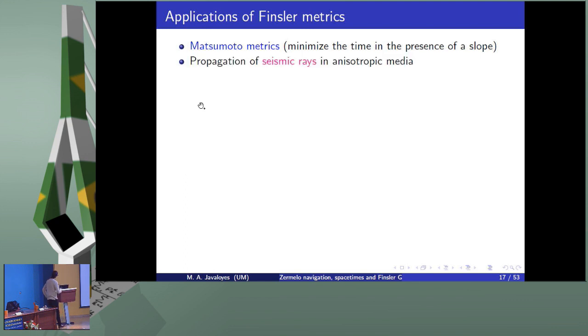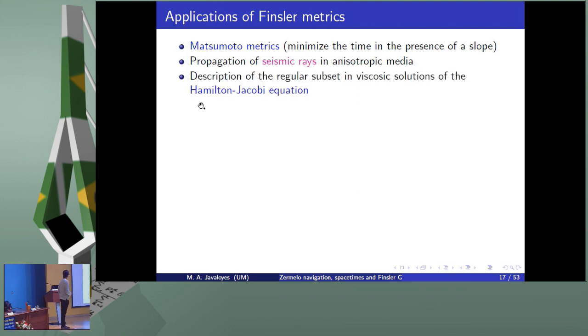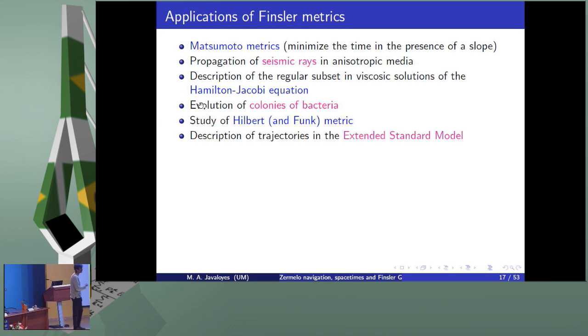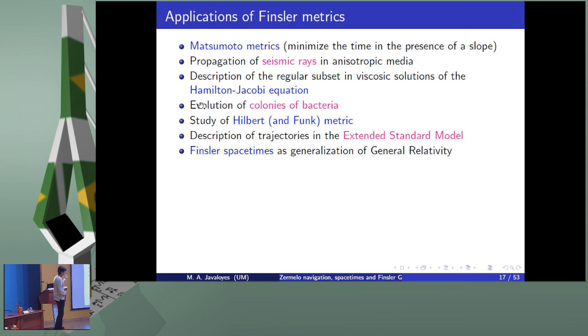You can also study the trajectories of seismic rays when the medium is anisotropic. You can study the Hamilton-Jacobi equation, the evolution of colonies of bacteria, the Hilbert and Funk metrics, and the trajectories of the standard-model extension, an extension of the classical standard model in physics. In such a case, some Finsler metrics, or pseudo-Finsler metrics, appear.